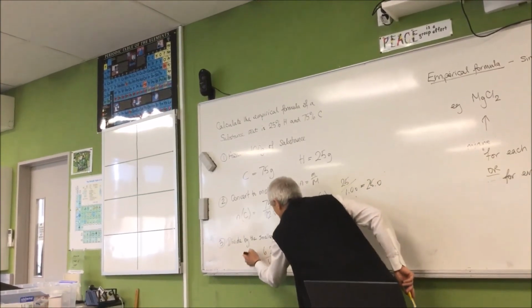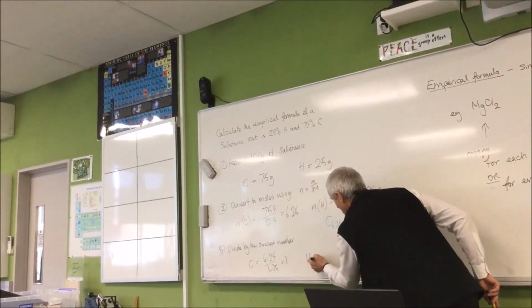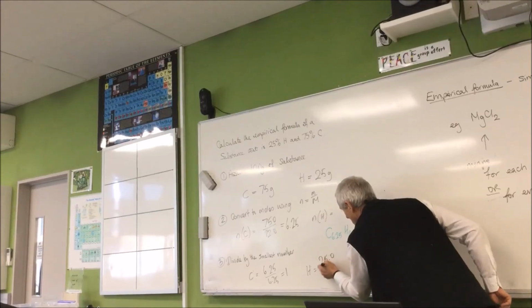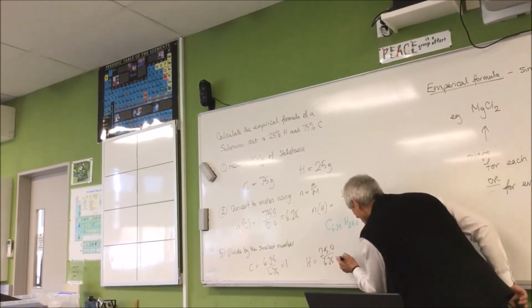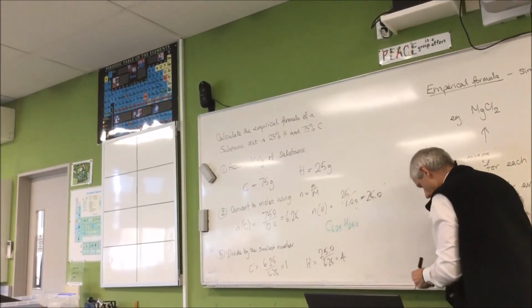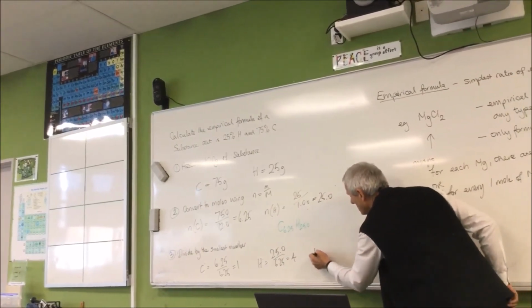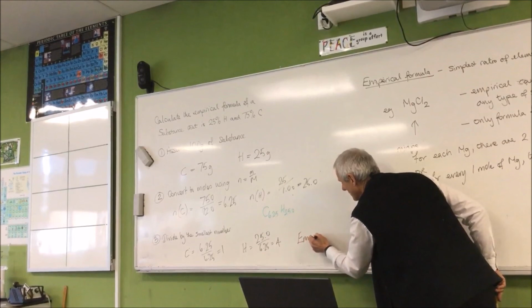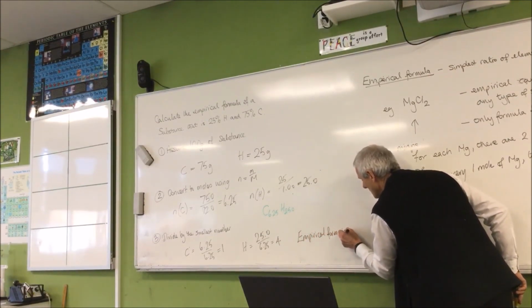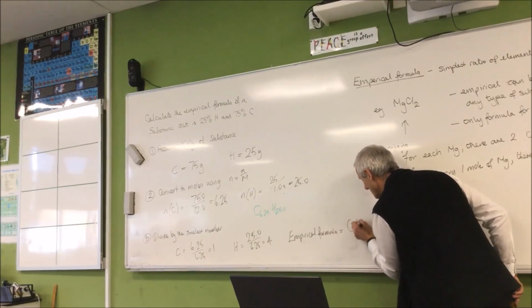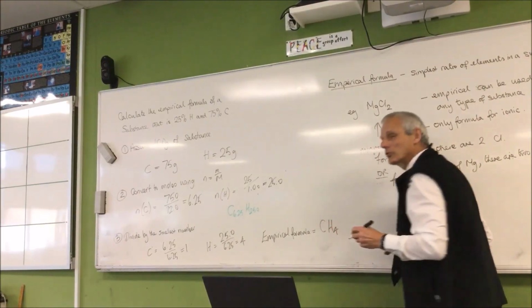C, sorry. H is 25.0 divided by 6.25, which is equal to 4. How convenient. So in other words, our empirical formula is CH4. So that's methane.